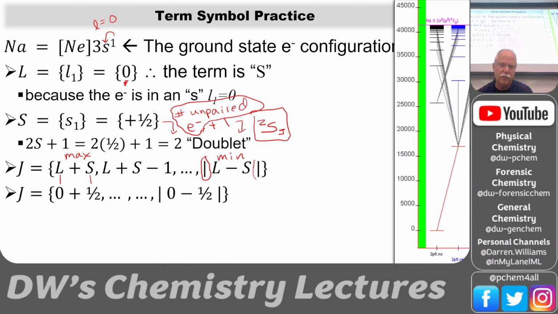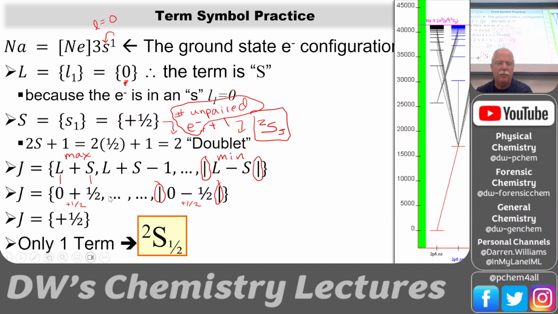There's no negatives, so we take the absolute value and end up with plus 1/2 here, and plus 1/2 here. There's nothing in between those, and so our only term that survives is plus 1/2. So we only have one J value for this system, and one term, the doublet S 1/2.